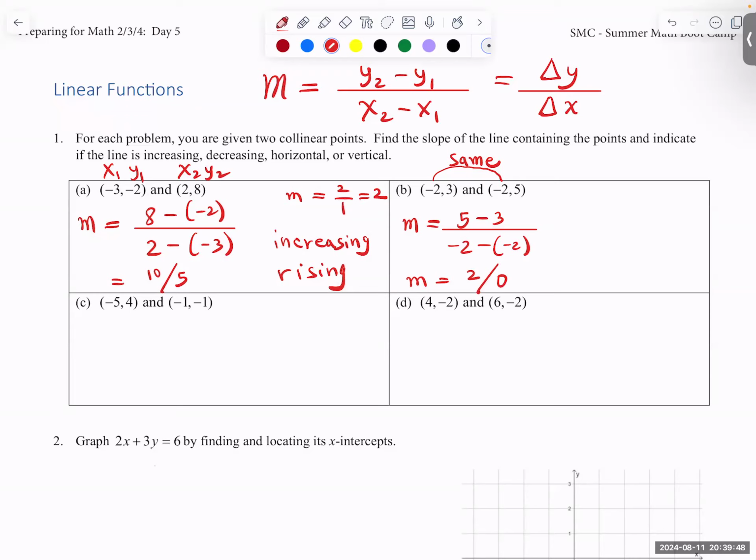Division by 0 is undefined, so the slope is undefined, and the line graphed is vertical.